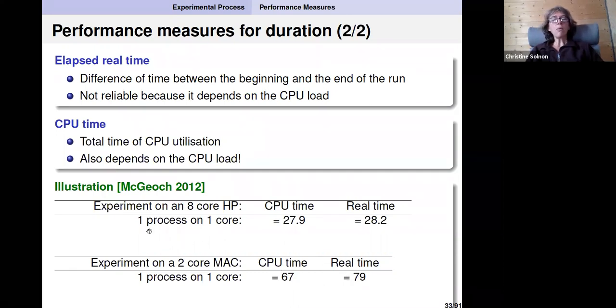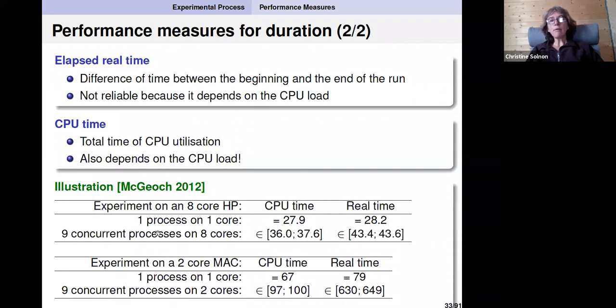Now what if we launch several concurrent processes? Here we launch 9 concurrent processes, and all processes solve exactly the same problem with the same input data. So they should spend exactly the same time if we are on the same machine.